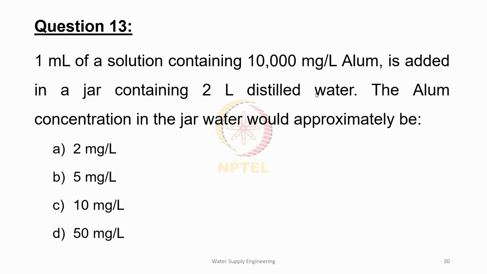So there is 2 liters of distilled water in a jar. I'm adding 1 milliliter of a solution to that, and this 1 milliliter solution contains 10,000 milligram per liter alum. After the addition of the solution to this jar, what will be the alum concentration in that jar?